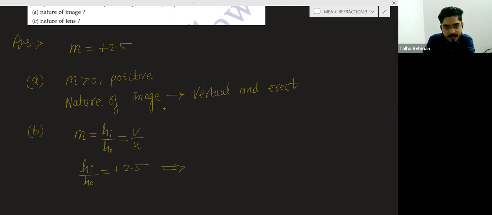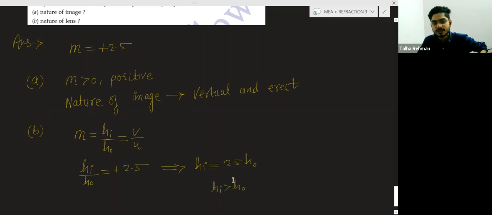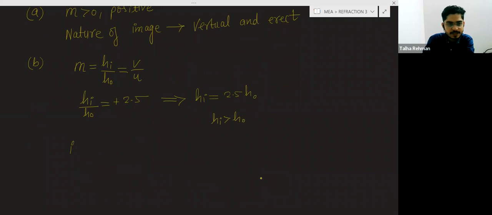So height of image is 2.5 times the height of object. So the height of the image is greater than the height of the object. From this expression I can say the image will be magnified. Magnified means larger than the object.